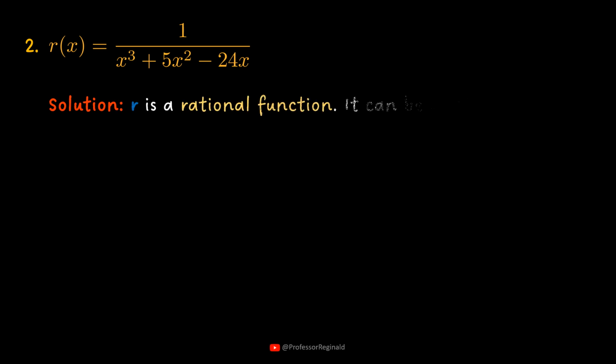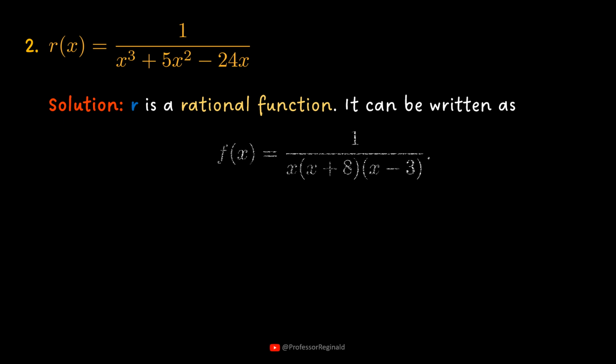Number 2. r of x equals 1 over quantity x cubed plus 5x squared minus 24x. Solution. r is a rational function. It can be written as r of x equals 1 over the product of x and quantities x plus 8 and x minus 3.